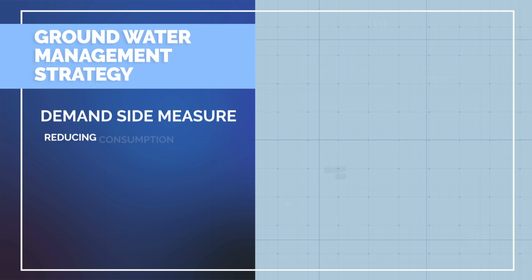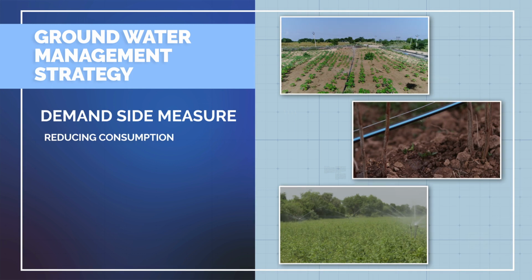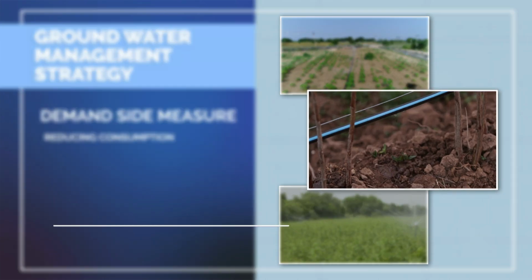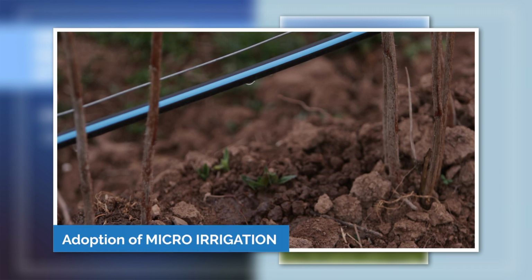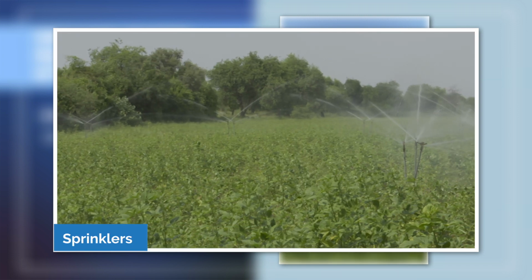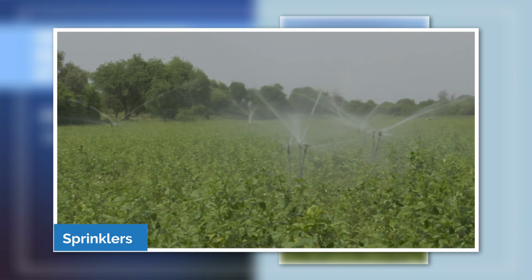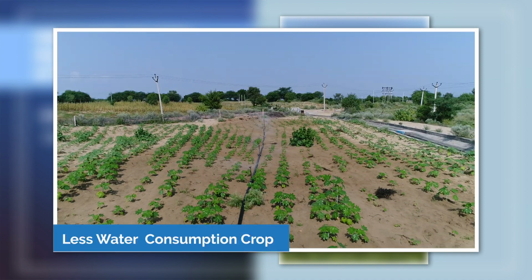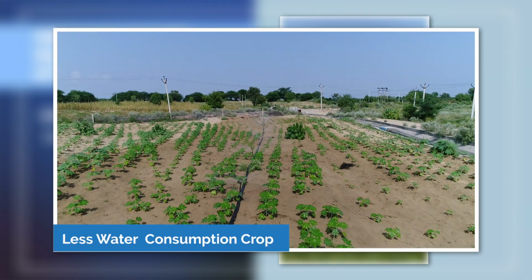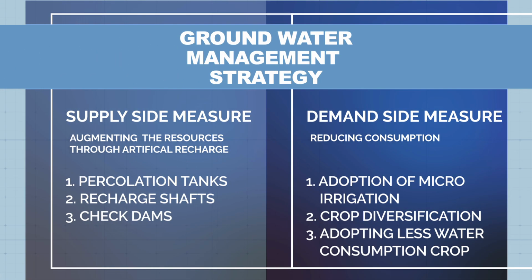The other strategy is demand management or reducing the consumption. This can be achieved by improving irrigation efficiency through use of micro-irrigation techniques like sprinklers or by adopting less water-consuming crops, etc. The management strategies recommended as a part of NAQUIM involve both supply as well as demand-side measures based on aquifer properties and other conditions.